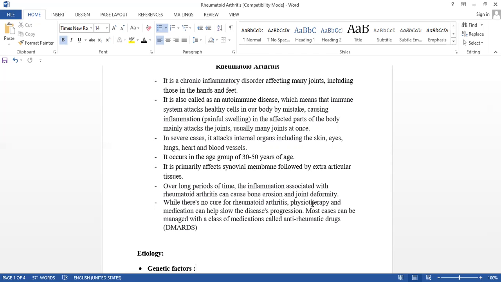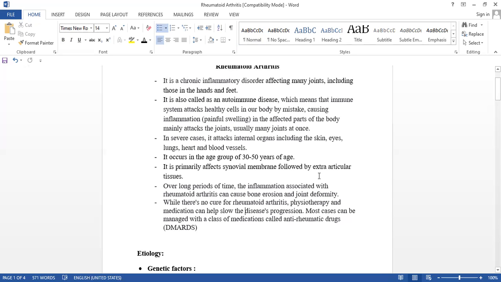Physiotherapy with medication can help slow the progression of the disease. Most cases can be managed with a class of medications called anti-rheumatic drugs. Okay, anti-rheumatic drugs. This is all about the introduction of rheumatoid arthritis.